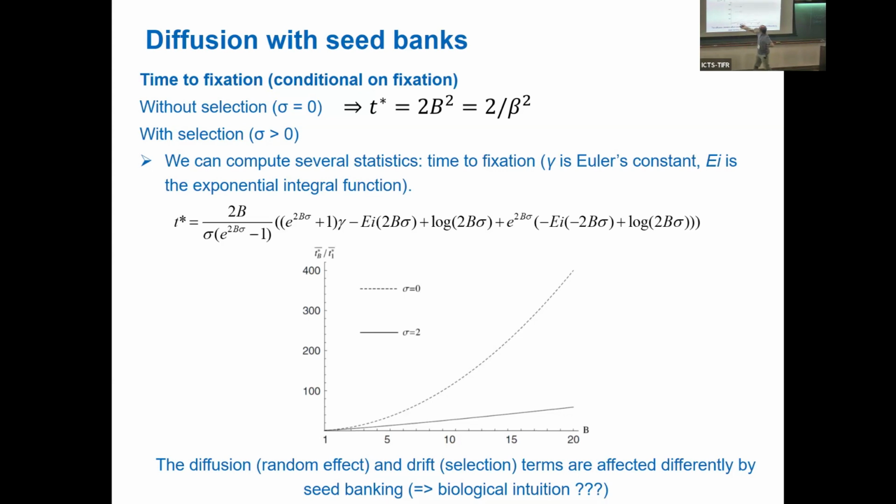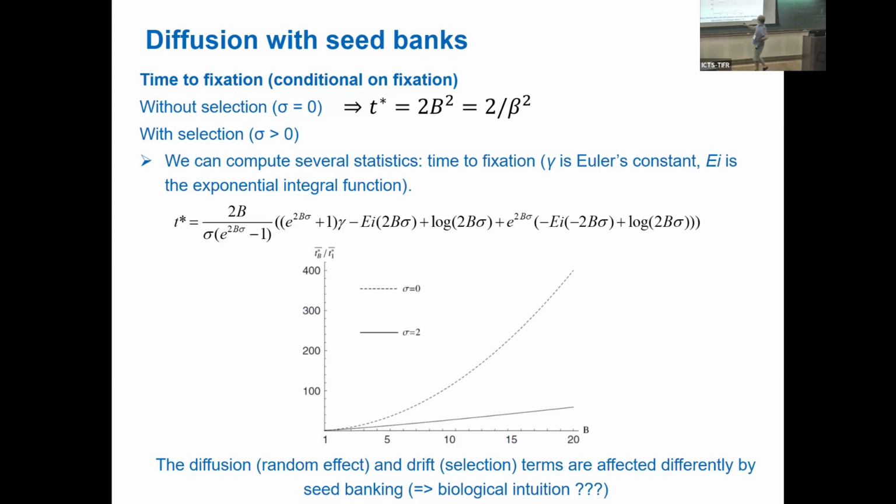And then what you can see is when sigma is 0, this is the neutral model we had yesterday. You get indeed the square, this increase of the fixation time, because it is a square function, right? So that's okay. But now you can see that the one with selection here, when sigma is 2, I hope it's pretty clear that this is not increasing in square, right?